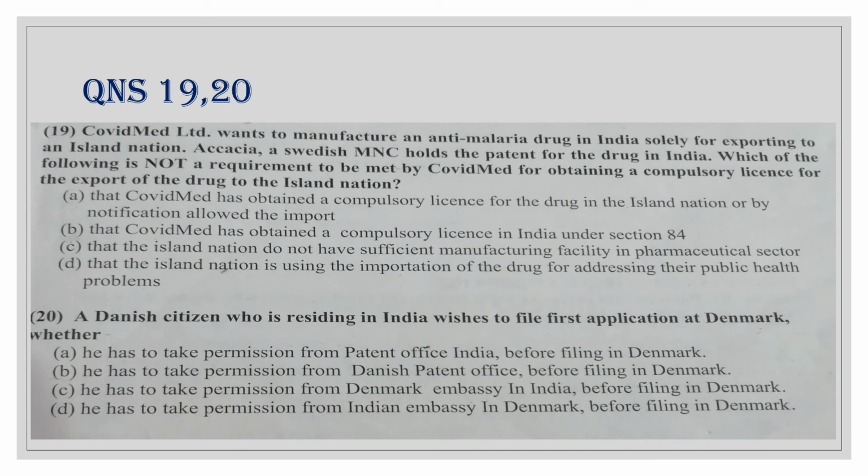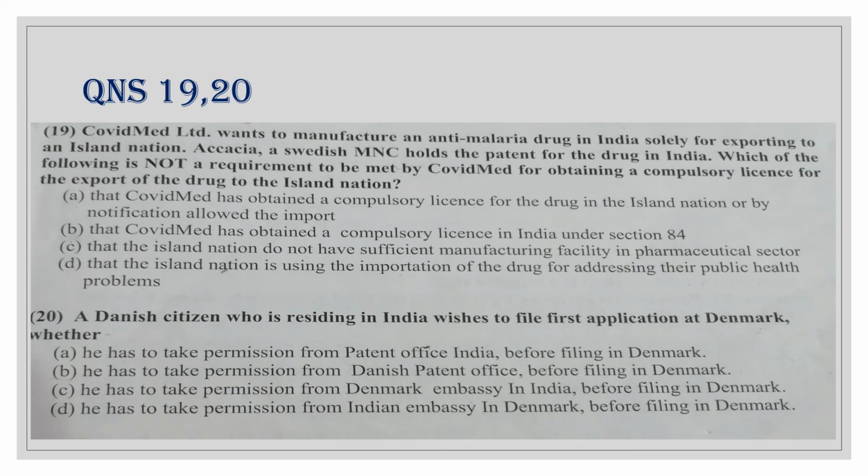Question number 19 says, COVID Med Limited wants to manufacture an anti-malaria drug in India solely for exporting to an island nation. Acacia, a Swedish MNC, holds a patent for the drug in India. Which of the following is not a requirement to be met by COVID Med for obtaining a compulsory license for the export of the drug to the island nation?